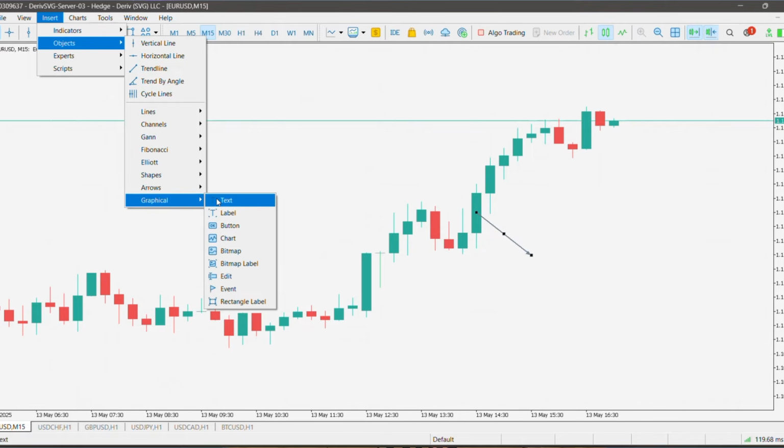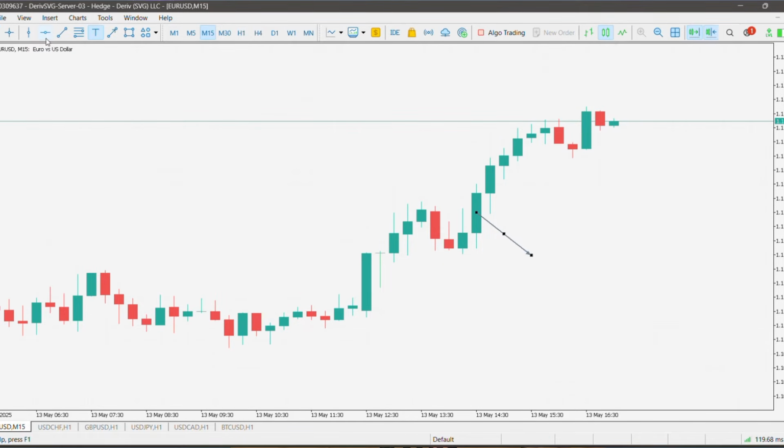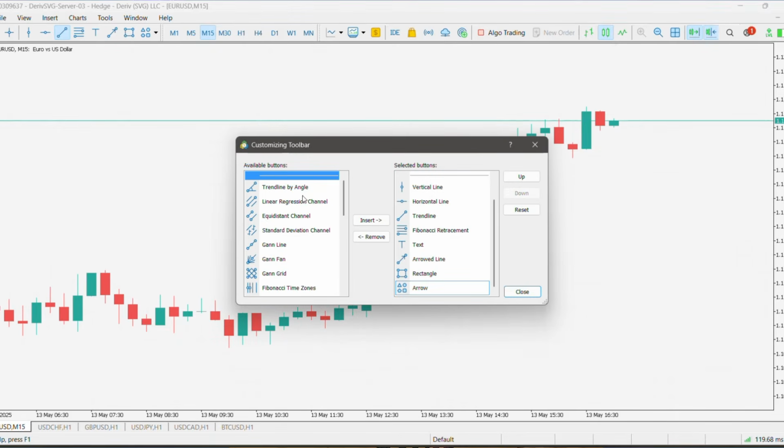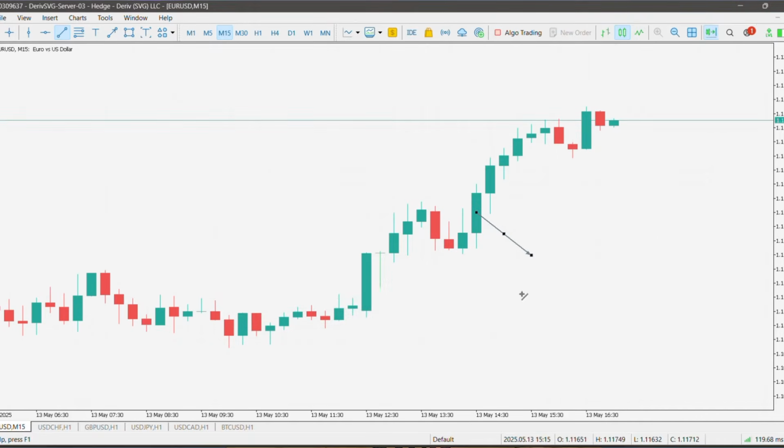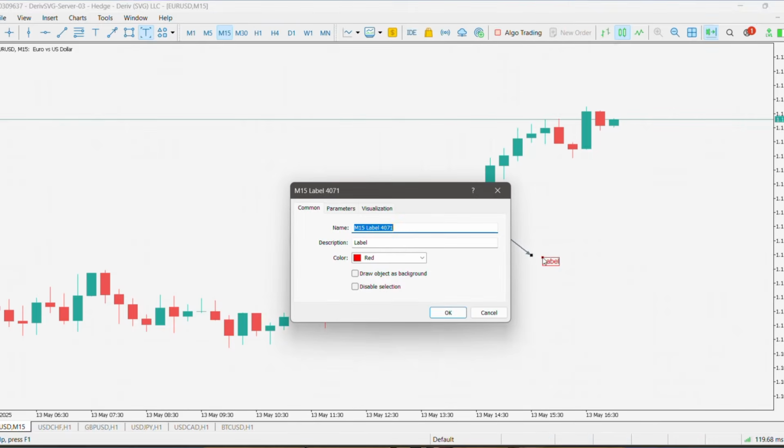I told you guys, if I want to edit where to insert text, I just say customize, and then I go and look for text here. Do I have text? Yes, there, and then I insert it and close.